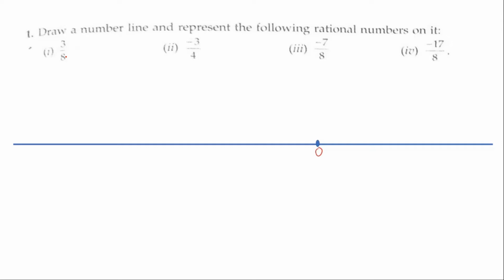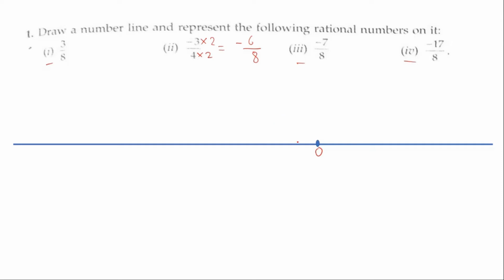As you can see, in numbers 1, 3 and 4 the denominators are the same, but in number 2 the denominator is different. So we have to make the denominators the same. For that I will multiply by 2. So it will be minus 6 by 8.